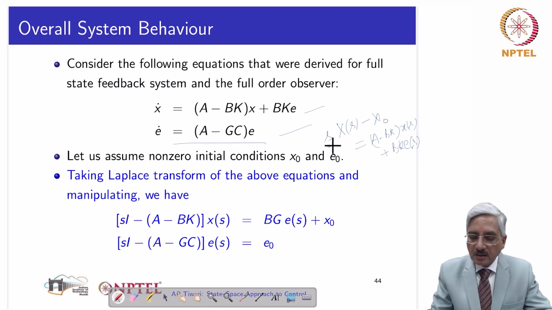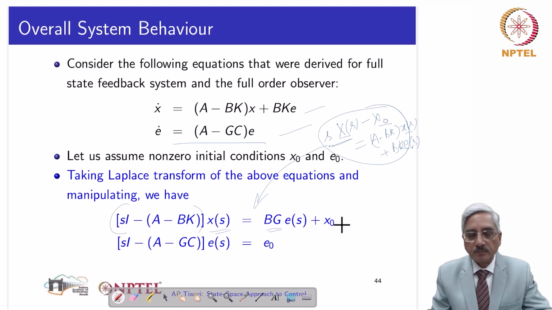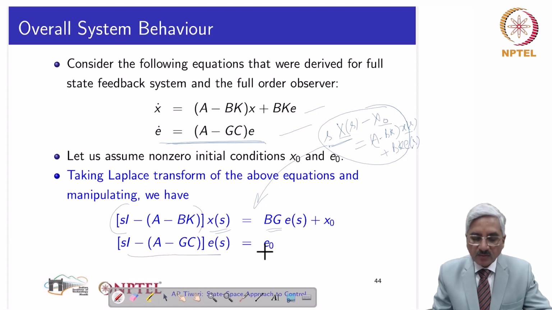So first we rearrange this. We take the terms of X(s) on the left side and x0 on the right. So this one will give this first equation, (sI minus A minus BK), the whole thing multiplying X(s), equal to BG E(s) plus x0. And we take the Laplace transform of this and rearrange the terms. We get this one, (sI minus A minus GC) E(s) equal to e0.